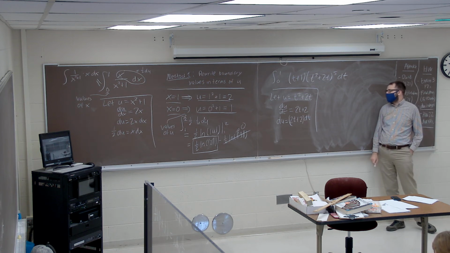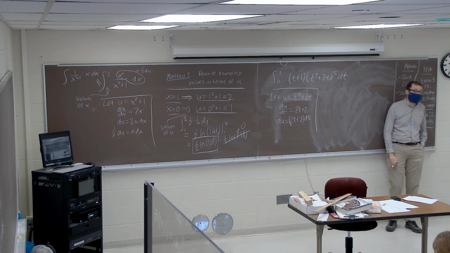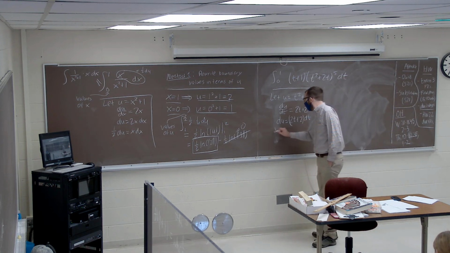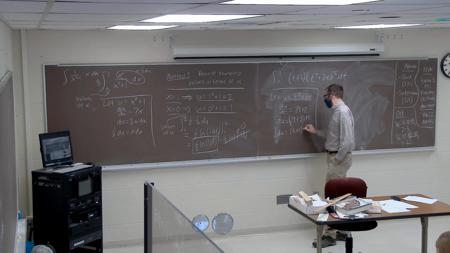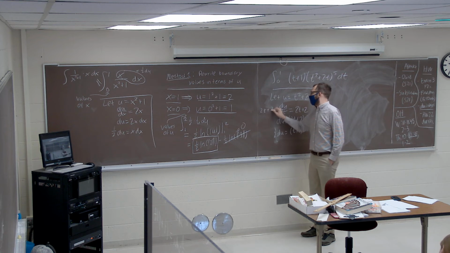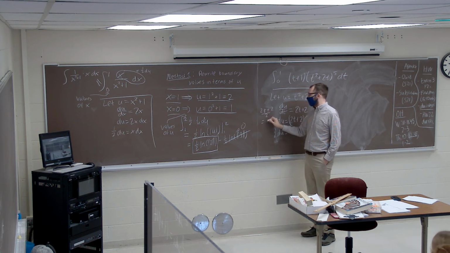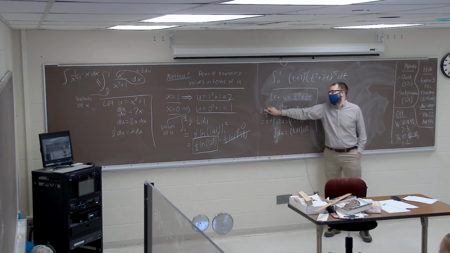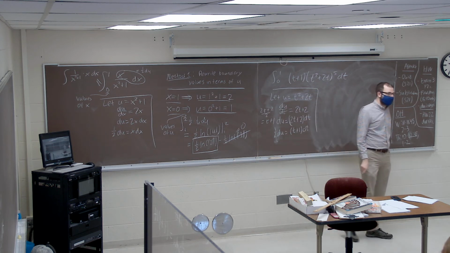We don't have 2t plus 2 dt, we have a t plus 1 dt. Divide both sides by 2. What will that give us? t plus 1 dt, because 2t plus 2 over 2 is just going to come out to t plus 1. We divide 2t by 2 and 2 by 2.